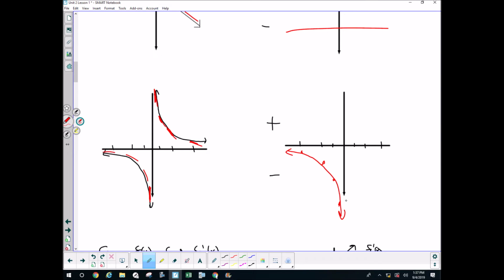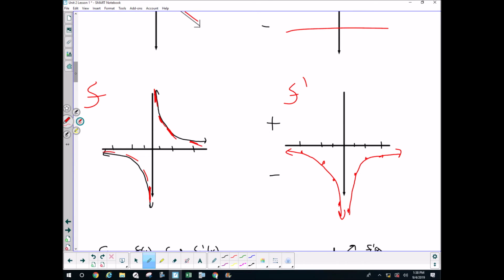So it's really negative again, but I don't have a point, so I'm not going to have a slope. Less negative, less negative, less negative. So this is cool. This tangent slope generating function for this 1 over x function looks something like that.